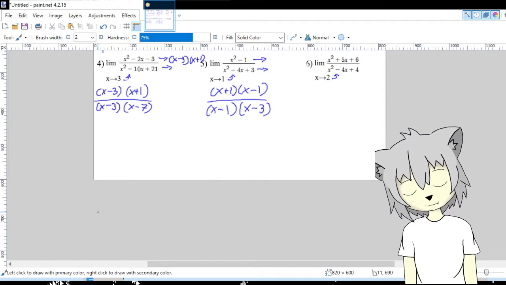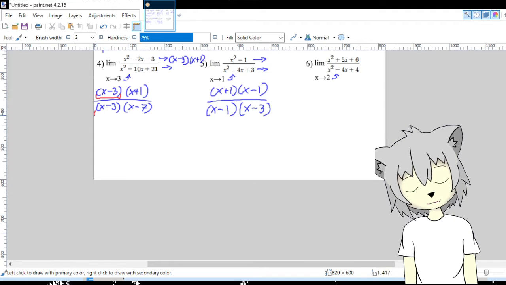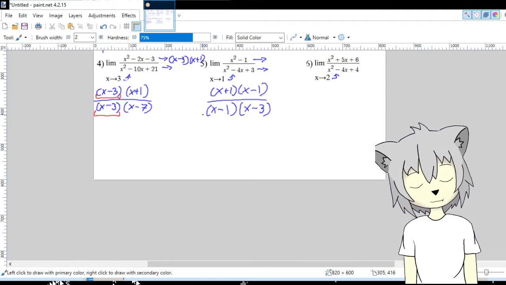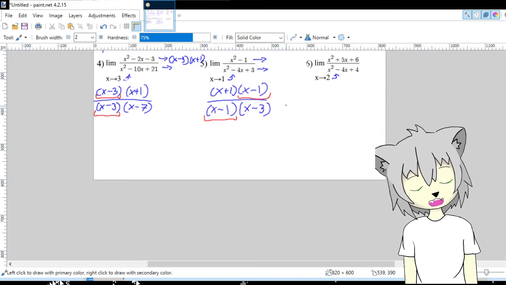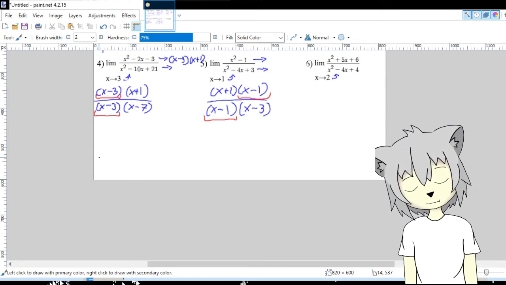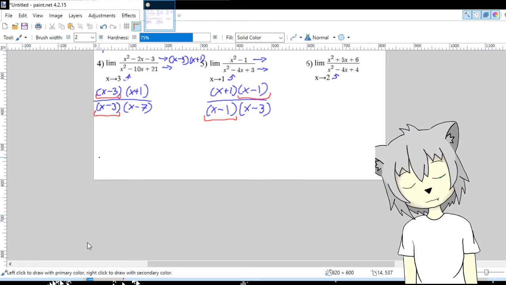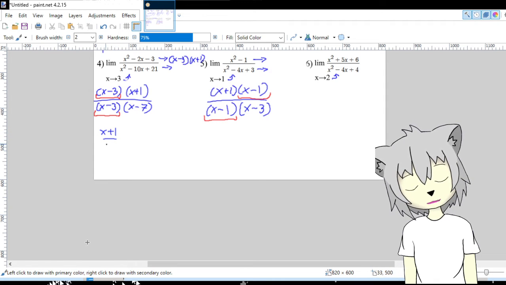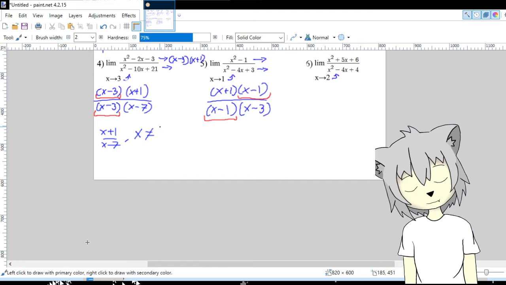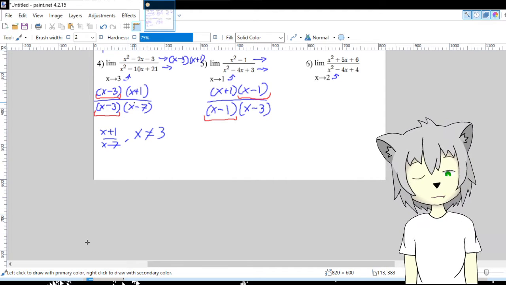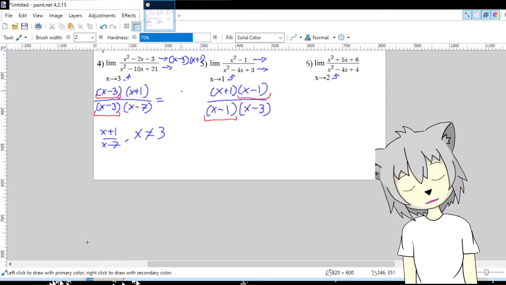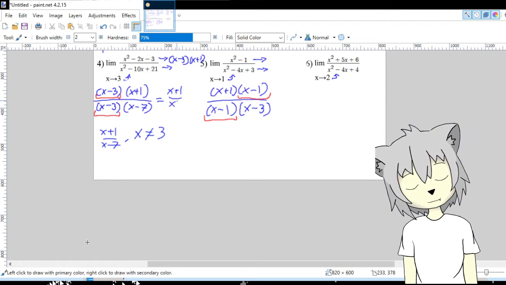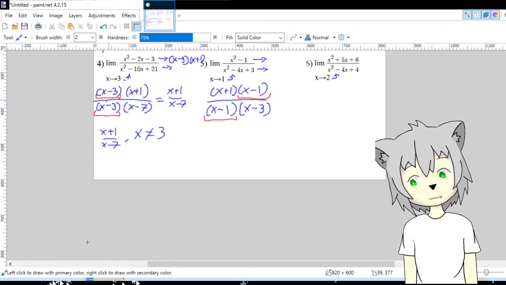Now if you notice, these here can cancel out, and I'm pretty sure you've learned in algebra that you can simplify the equation into x plus 1 over x minus 7, with x cannot be equal to 3, because this is basically equal to x plus 1 over x minus 7, except this is not defined at 3.